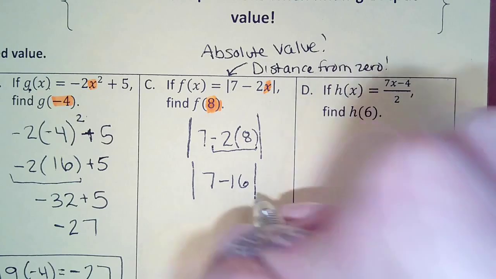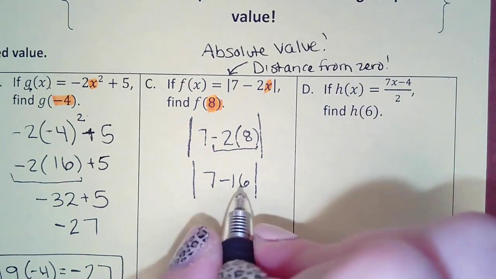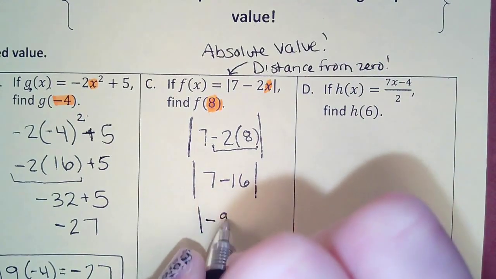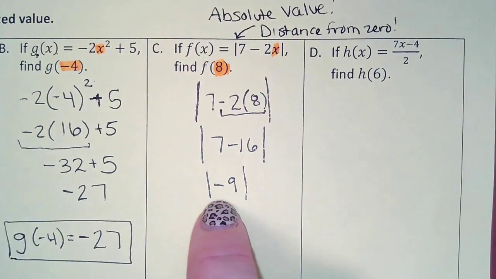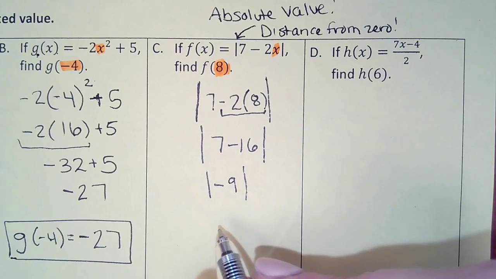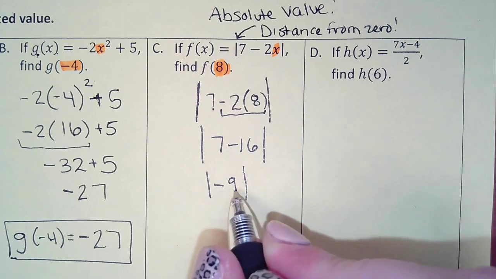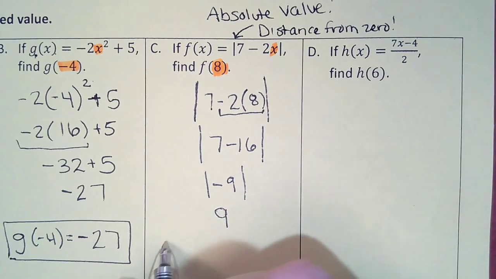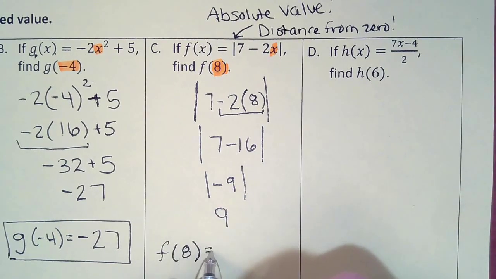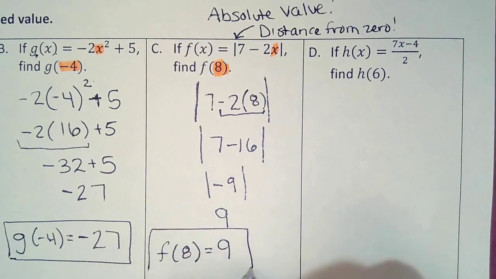I keep the negative for now. Now 7 minus 16 is negative 9. Now that I'm down to one number, I can evaluate the absolute value. Absolute value of negative 9 is a positive 9. So I'm going to say f of 8 equals 9.